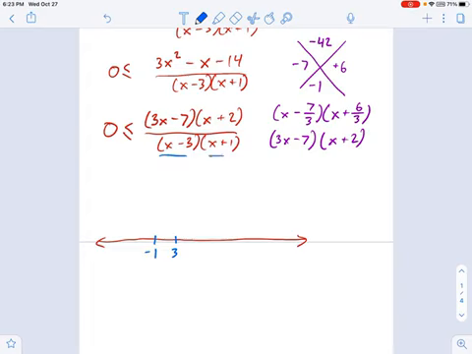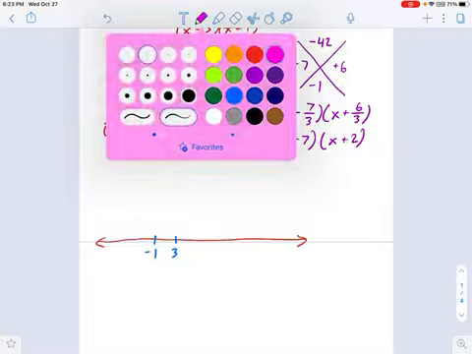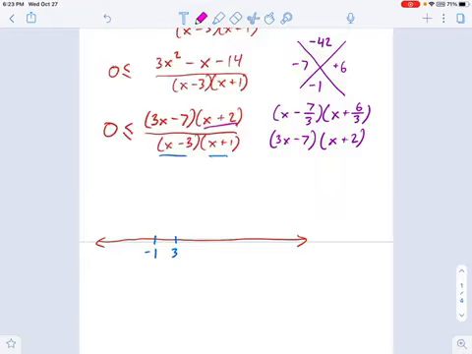And on the top, we have not vertical asymptotes. On the top, we have x-intercepts. This one is negative 2, and this one is 7/3.